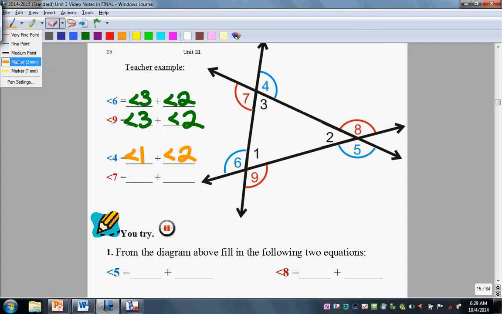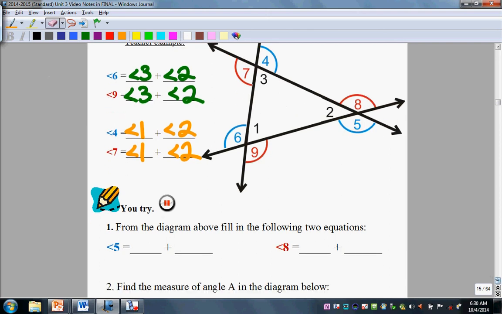Let's do angle 7. Sweep angle 7. Which two angles are far away but still inside the triangle? That's going to be angles 1 and 2. I'd like you to stop the video and do these two, and then restart when you're done.